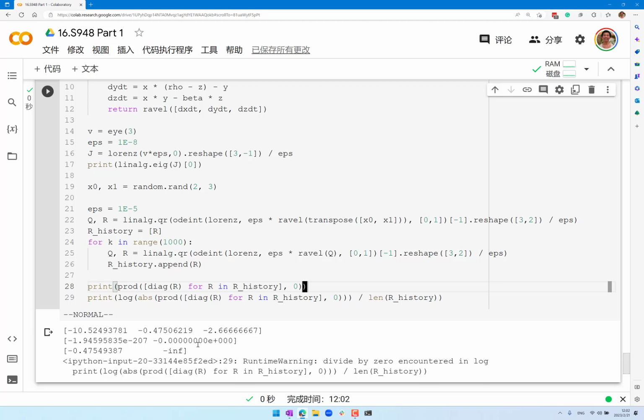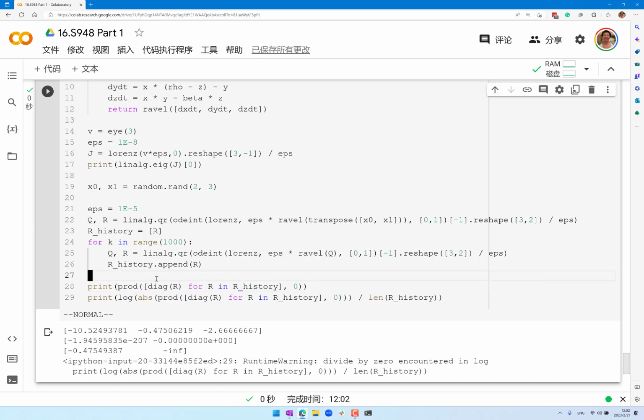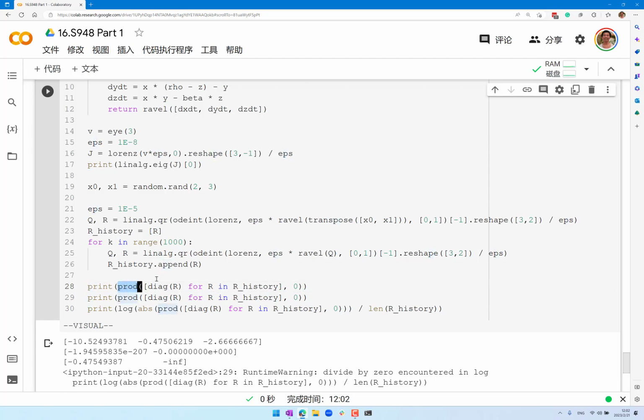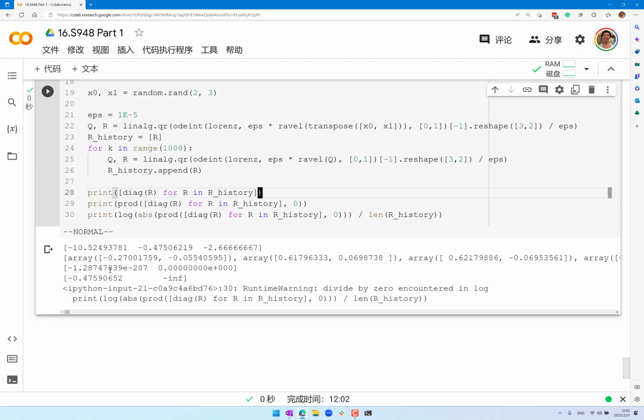So how do we fix that? Renormalize. Look at what we are doing. We are taking the product of a bunch of numbers, right? The individual diagonals are actually fine. If you just look at the array, each number in this array is pretty good.